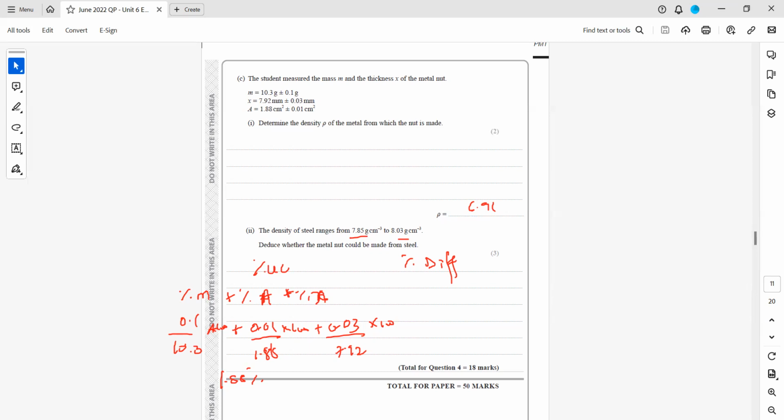Now, how to work out the percentage difference? Our value is 6.91.